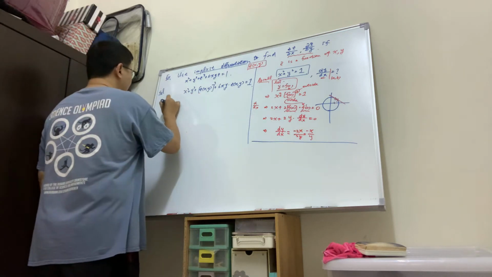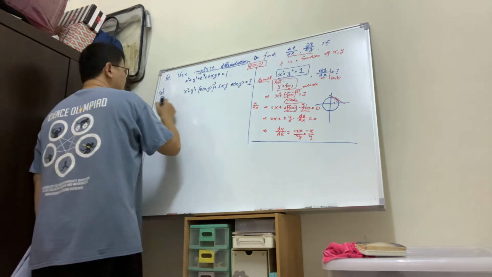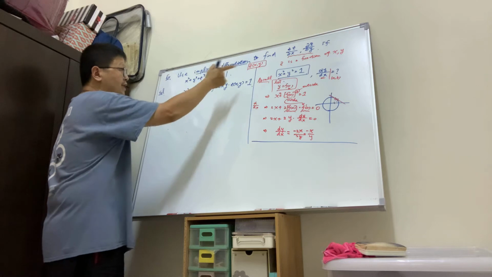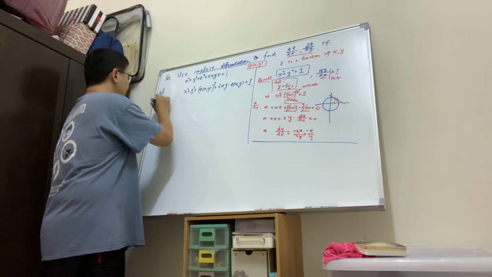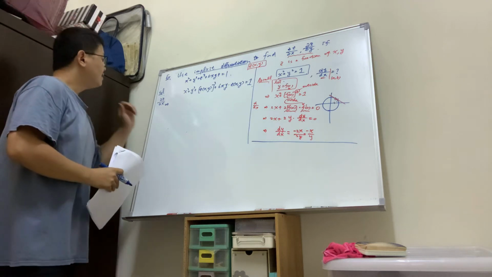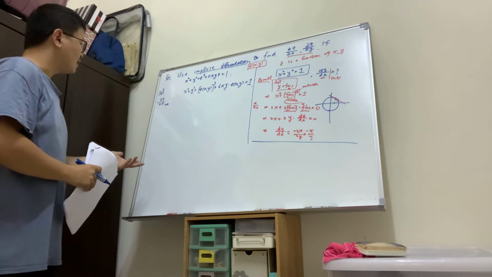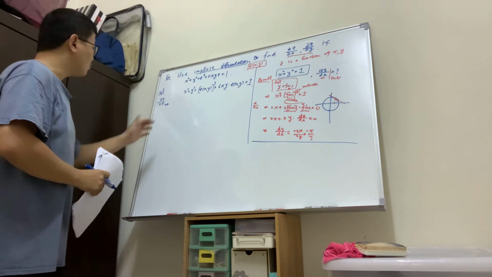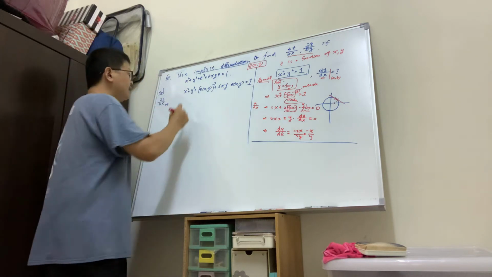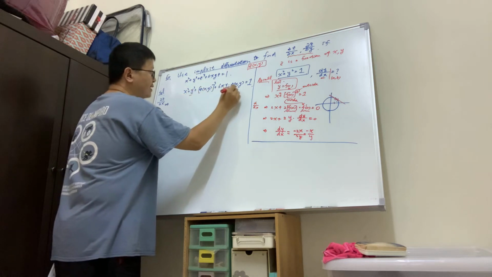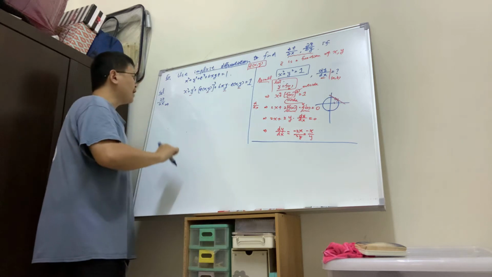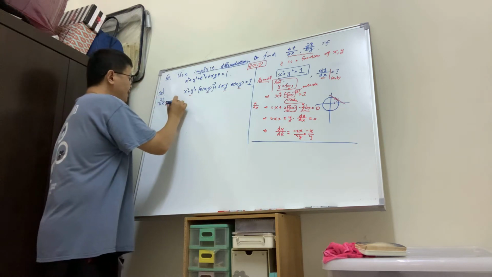Now all of them contain two variables, x and y. For partial g partial x, we consider the derivative with respect to the variable x, so we view y as a constant. The first term's derivative is 3x squared.